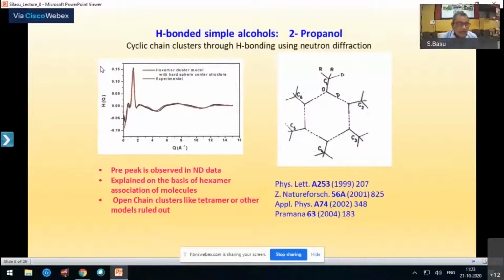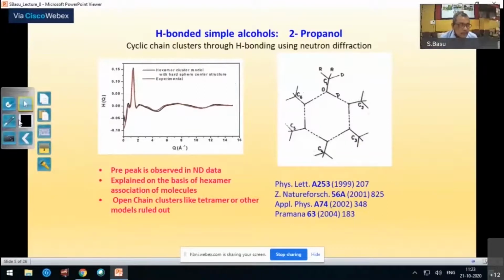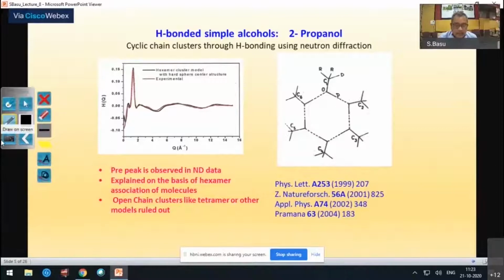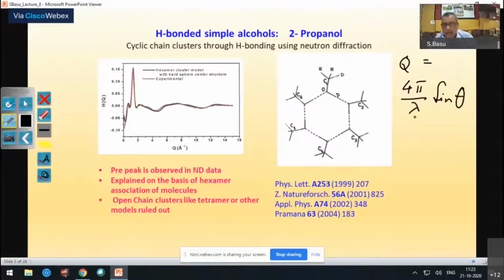So to go to large Q values, there are two ways, of course, because Q is given by the relation in which theta is half the scattering angle. So either you can go to large angles, combined with smaller wavelengths, or more energetic neutrons.